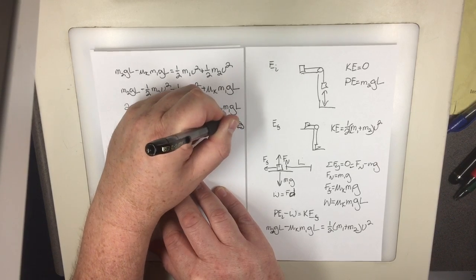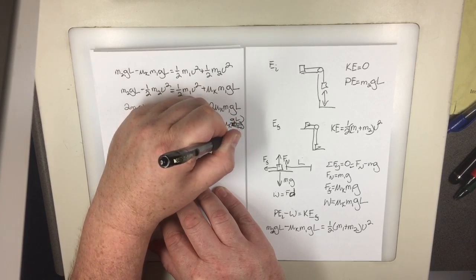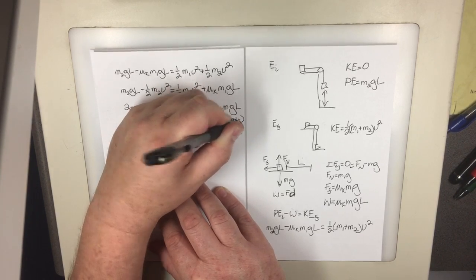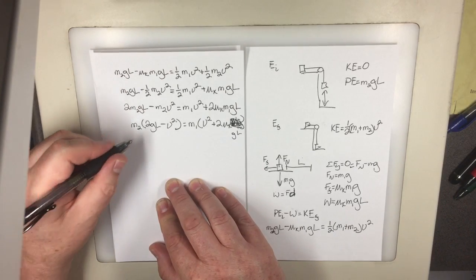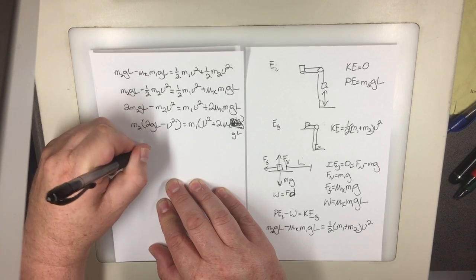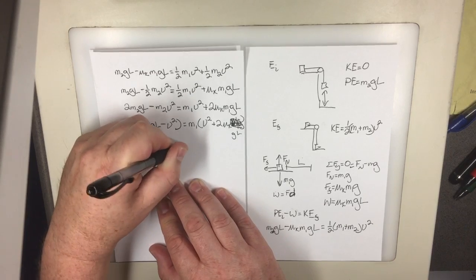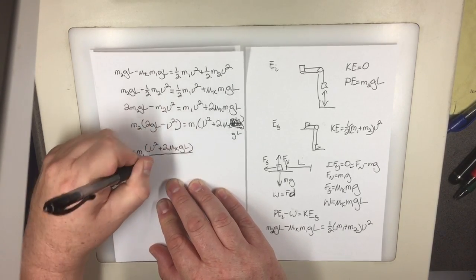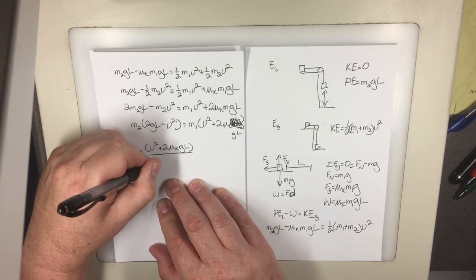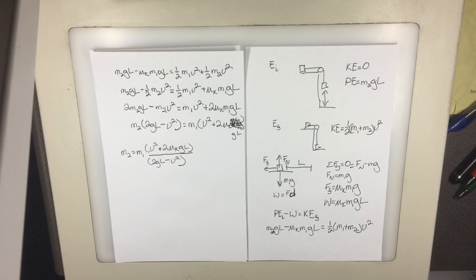So that's a G and that's an L. Solve for M2. And so now you have a mass expressed in terms of variables that can be easily evaluated.